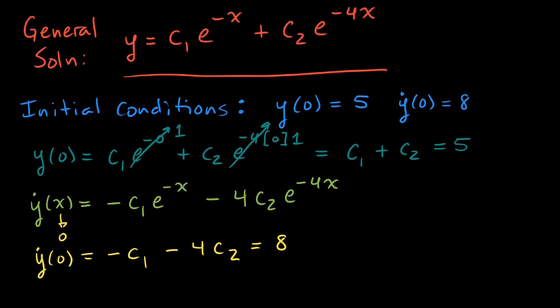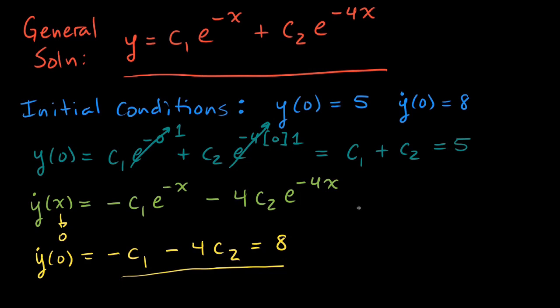Because if I plug in 0, e to the minus 0 is 1, and e to the minus 4 times 0 is 1, so I just get negative C1 minus 4 C2. That is another equation with two unknowns. So now I have two equations and two unknowns, and I can solve for the values of C1 and C2 using normal algebraic techniques.